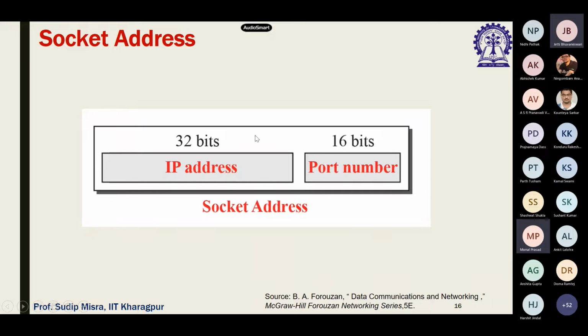The socket address comprises two parts: the IP address and the port number. A 32-bit IP address with a 16-bit port number together forms the socket address. So this is the socket, nothing big.